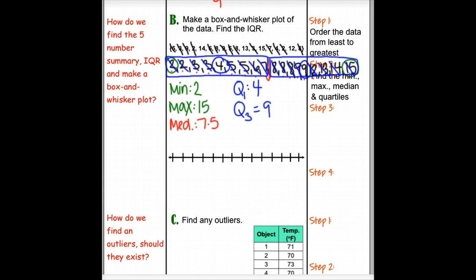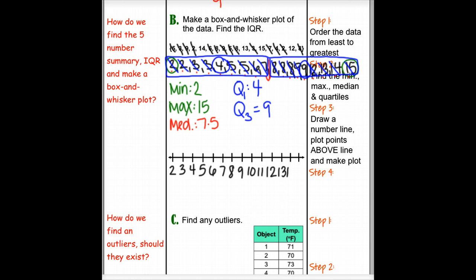Now that we have our values, we're going to draw a number line, plot the points above the line and make the plot. So if I number this, I have a minimum of 2 and max of 15, so I'm going to go 2, 3, 4, 5, 6, 7, 8, 9, 10, 11, 12, 13, 14, 15. What do you know? You have enough points. I'm going to plot these points above the number line so the plot is nice and neat. So I've got a point at 2, a point at 4, a point at 7.5, a point at 9, and a point at 15.